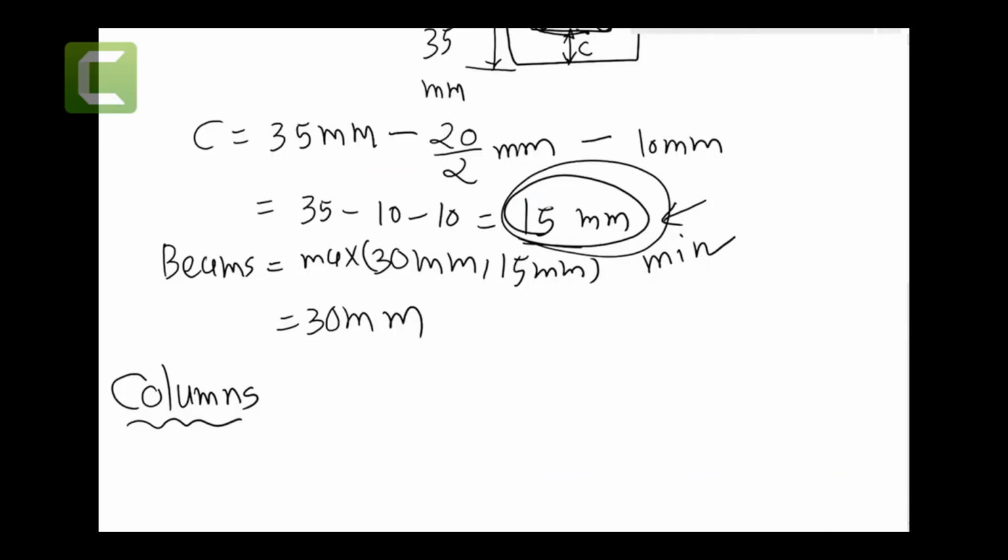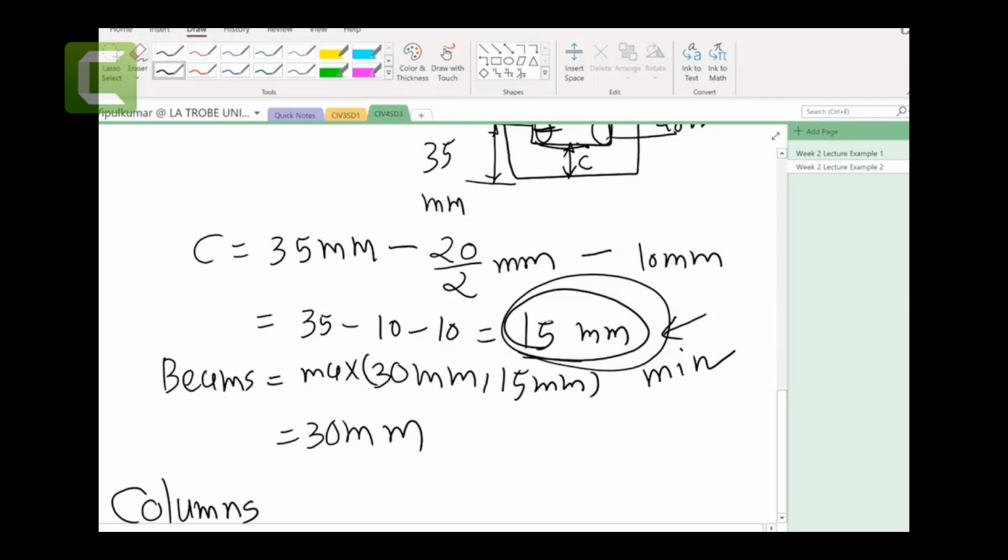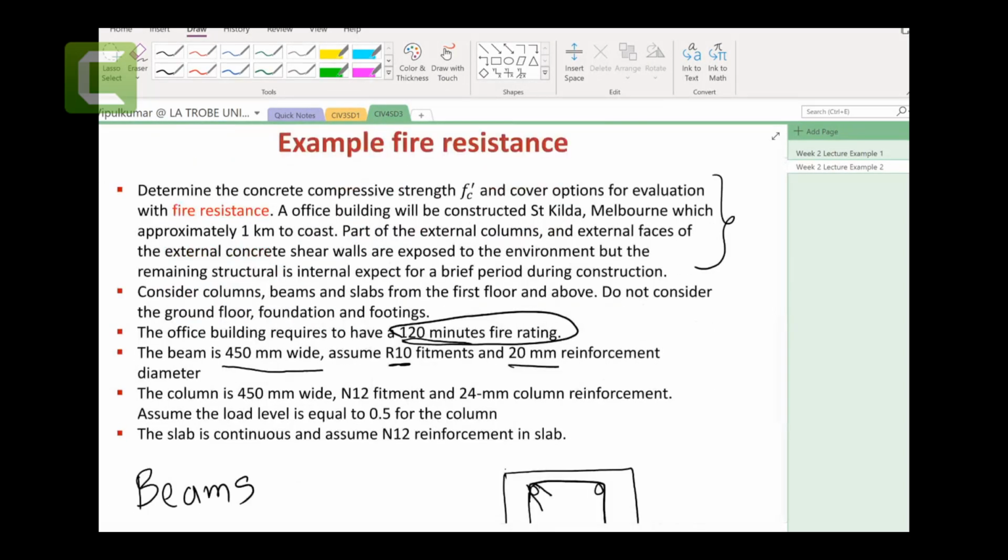In that case, our size is given 120, so we will have 120 here, and we will specify the size of the columns given to us in our examples. Now the size of the columns is 450, so you come back here, 450.